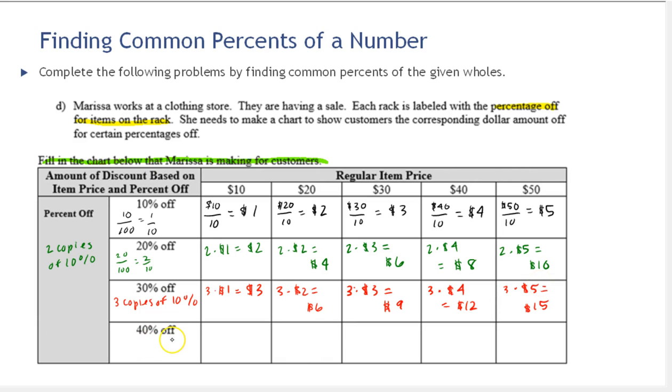Now 40% off is 4 copies of 10%, or just to change things up a bit, it's also 2 copies of 20%. So we can think of either multiplying 4 times $1, which is what we did in every other case, and notice that's the same as 2 times $2.